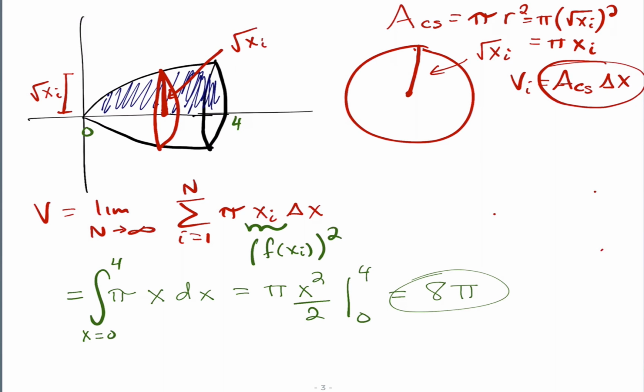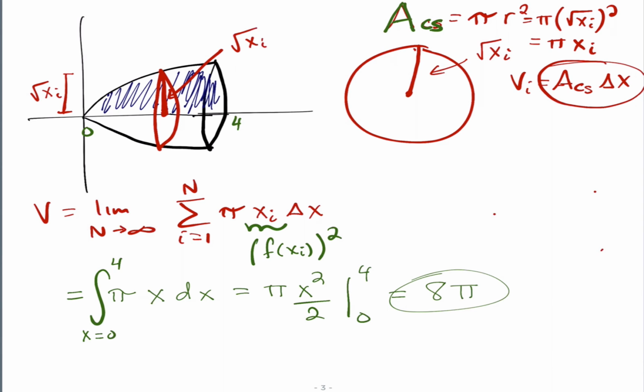Okay, so I kind of over-explained what we needed for this specific problem, but only because I wanted to give you a more general strategy that'll work with all different kinds of shapes. So this area of the cross-section is really important. What you do is you take a slice and look at the cross-section.